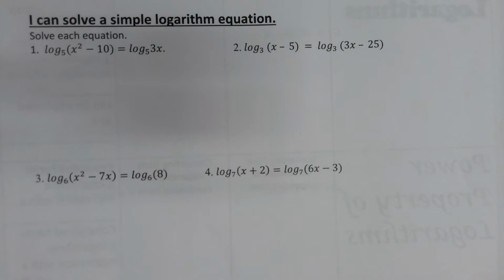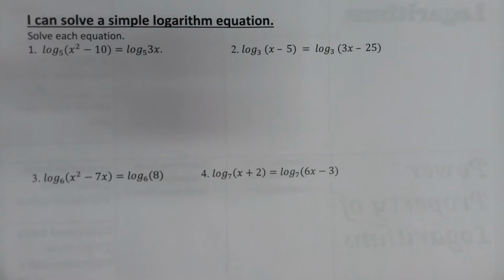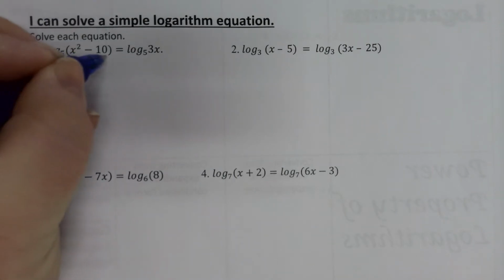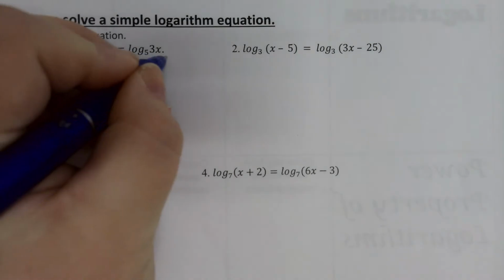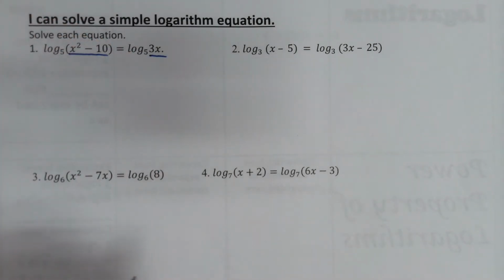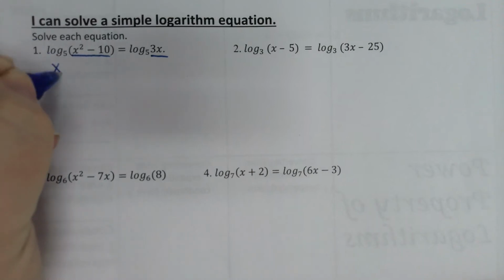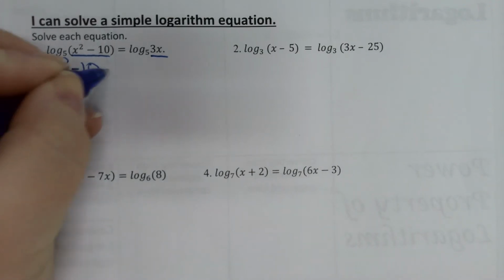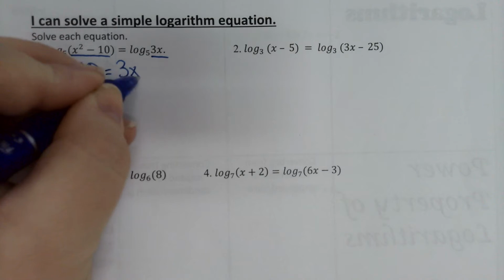So I have log base 5 of x squared minus 10 equals log base 5 of 3x. That means that my bases are the same because they're both log base 5, so I can set my of numbers equal to each other. X squared minus 10 will equal 3x.